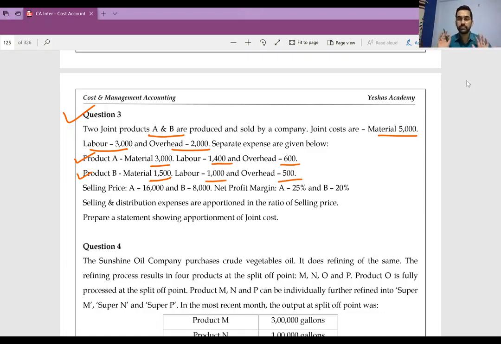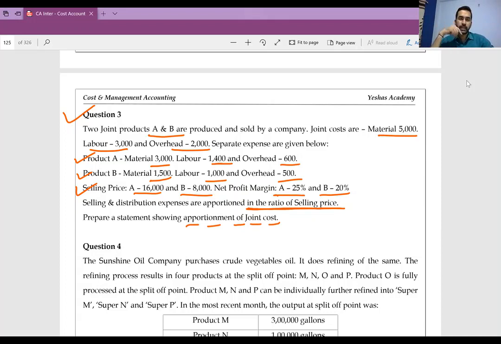Everything is given. Selling price of A, 16,000, B, 8,000. Profit margin on sales is also given to you. Selling and distribution expenses are apportioned in the ratio of selling price. Prepare a statement showing apportionment of joint cost.